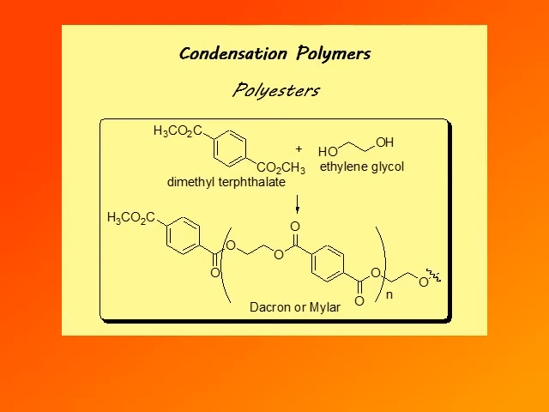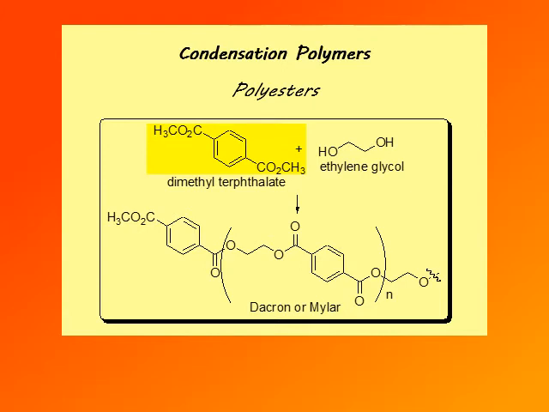Besides aldol condensation, reactions such as esterification are also considered to be condensation reactions. So polyesters are prepared in condensation reactions. Now, unlike ordinary esterification, where the reaction is of an alcohol and, let's say, a carboxylic acid in Fischer esterification, or maybe an ester and alcohol in trans-esterification reaction, now we need bifunctional compounds.